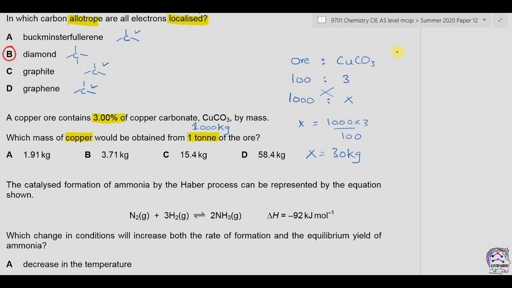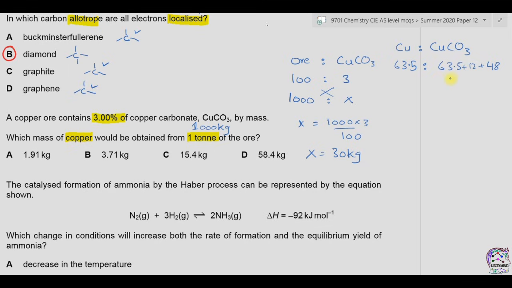Now let's find out how much copper will be present in copper carbonate. So we can find the ratio between copper metal and copper carbonate. According to the atomic masses, we know that 63.5 grams of copper is present in 63.5 plus 12 plus, there are 3 oxygen atoms, so it is 48.